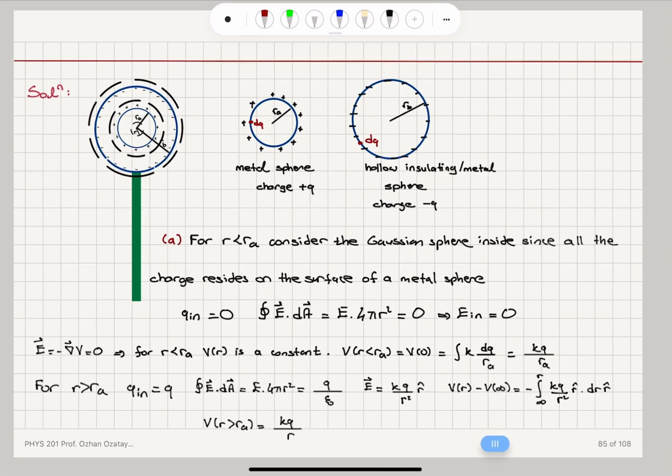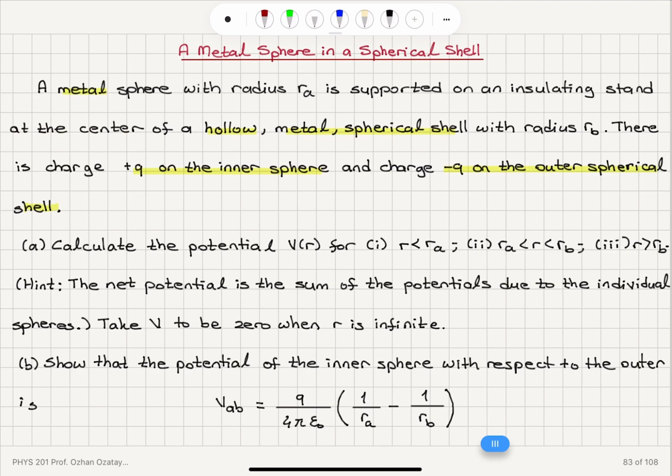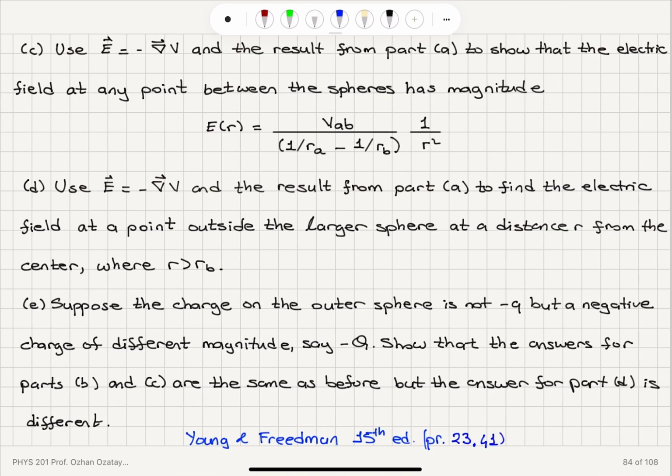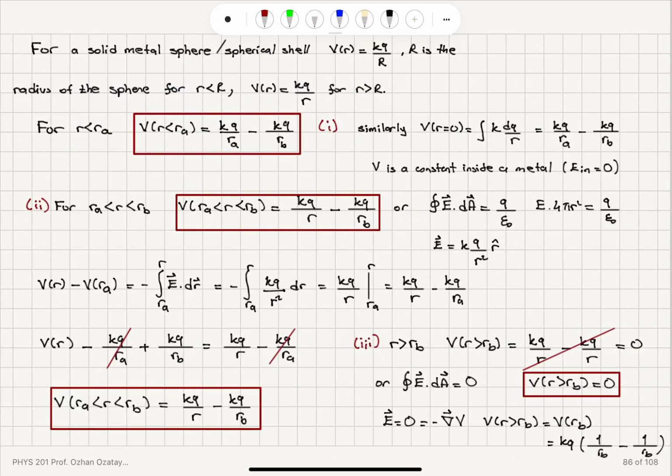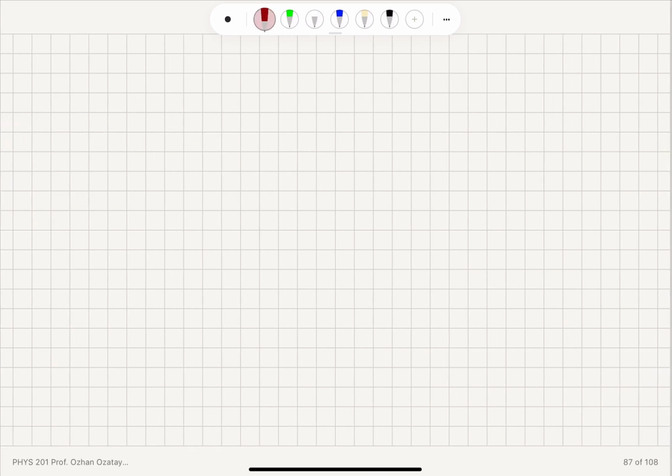Now, in part B of the problem, we want to show that the potential of the inner sphere with respect to the outer sphere is Q over 4 pi epsilon 0, 1 over R_A minus 1 over R sub B. So let's do that.